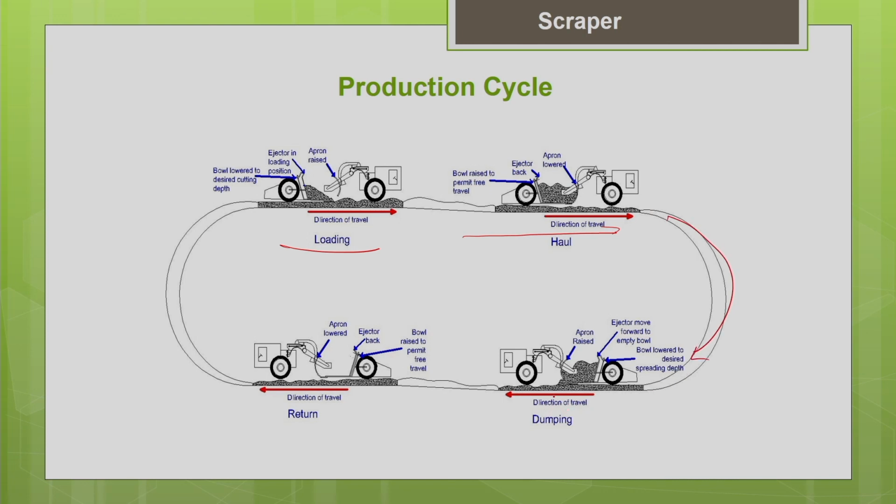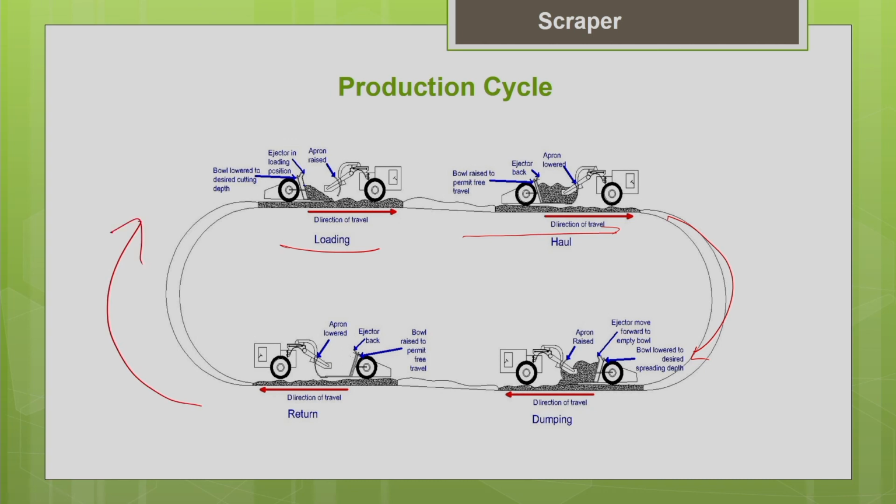It varies from project to project. In some cases it has to dump and then make a turn, depending upon your project site constraints. Here it is turning, then dumping in the dump area or the fill area, and spreading it to the required thickness as needed. Then when the bowl is empty, it makes the return haul in the unloaded condition. Now again turning, and getting ready for the next cycle.